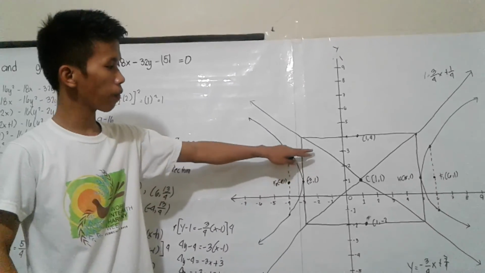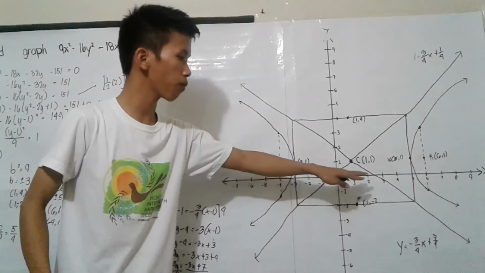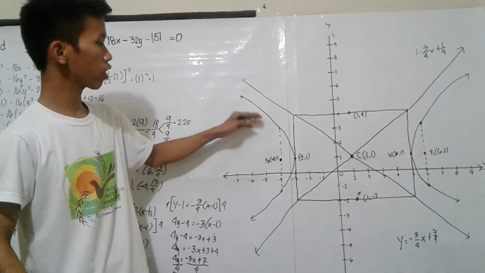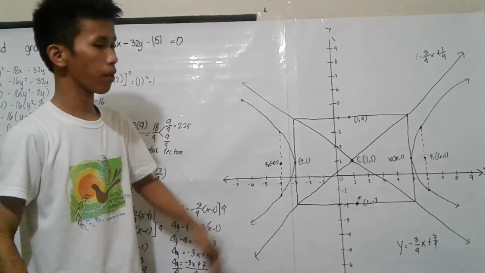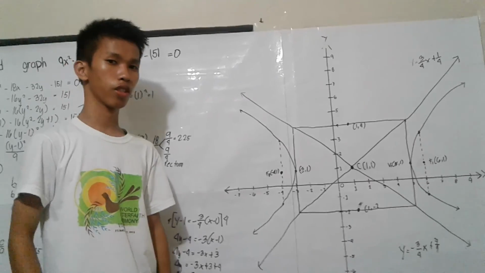So as you can see, the diagonals, which are the asymptotes, cannot touch the graph of the hyperbola. So that's all.